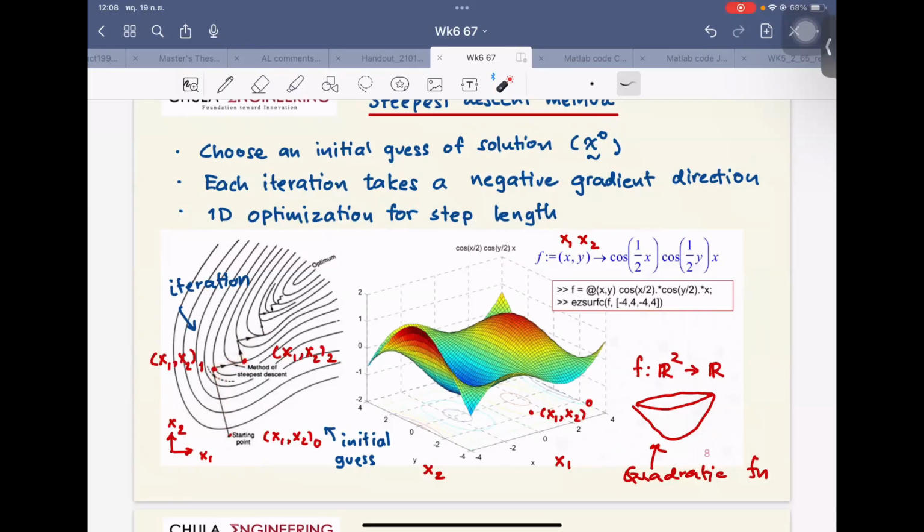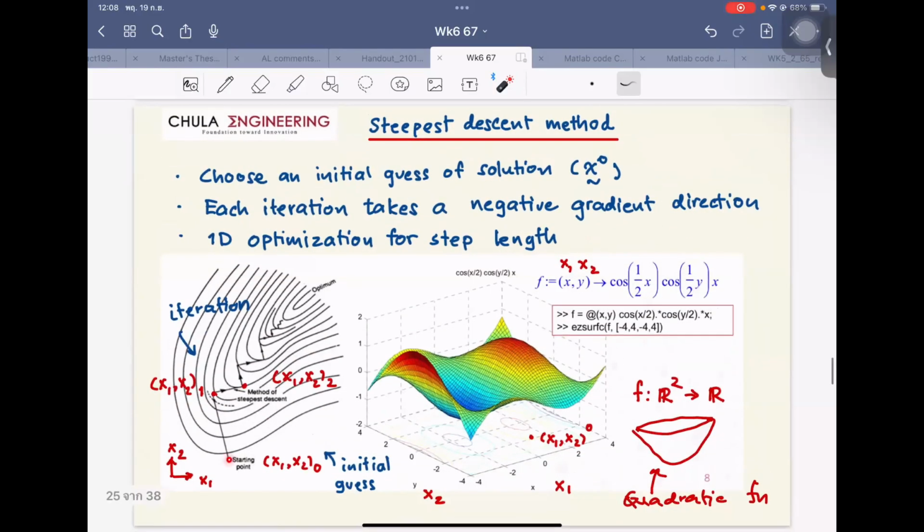I will not explain the proof right now, just show you the idea of steepest descent. Okay, start with this point and go perpendicular until we get to the optimum point. Now this is the idea of steepest descent.